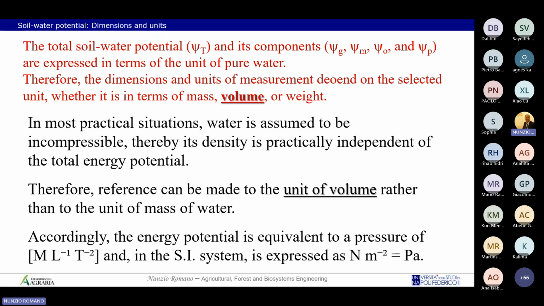The pressure is the water potential referred to the unit volume of water instead of the unit mass of water. And this is also a way that you can understand more the physical and practical meaning of pressure, and what is the meaning of pressure in the world of soil hydrology.